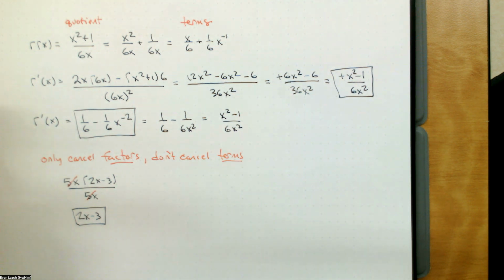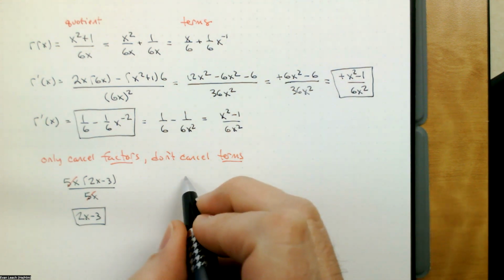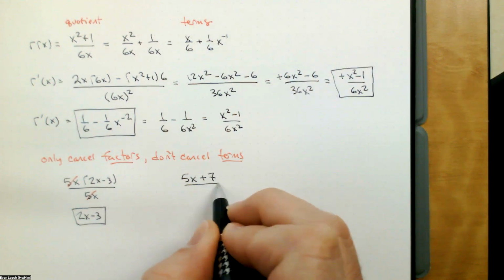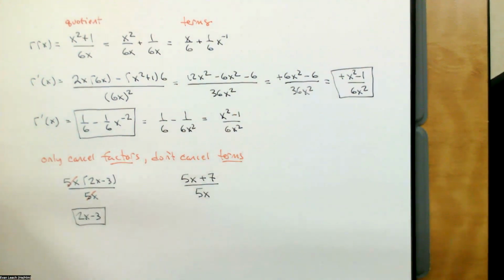So if I have an expression that says 5x plus 7 over 5x, when you want to cancel something, you have to think, how is that thing included? Is it included with multiplication? Because that's what this particular brand of canceling means.